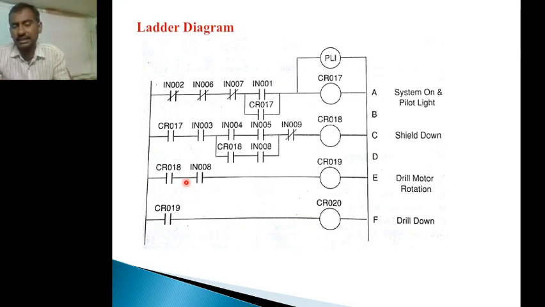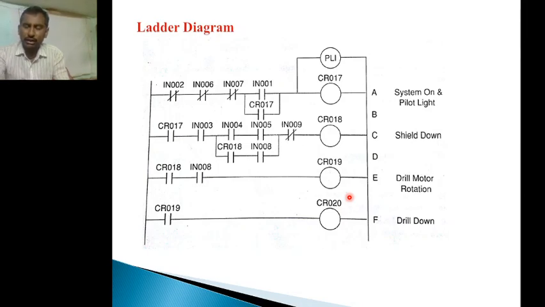That sensor is LSSD, that means limit switch shield down. So when the limit switch shield down is activated, what happens? This IN008 also closes. Then the driller starts rotating, and a hole will be made on the part.